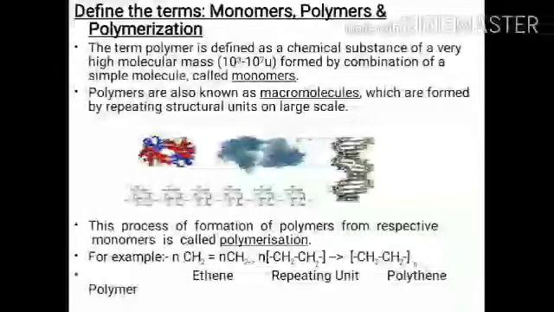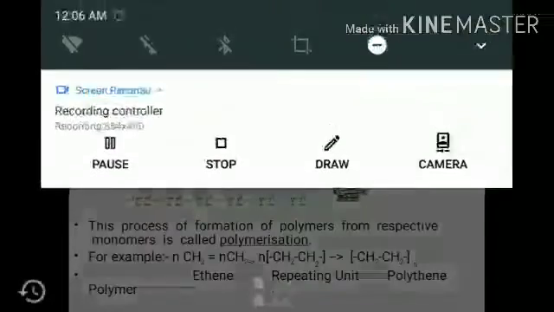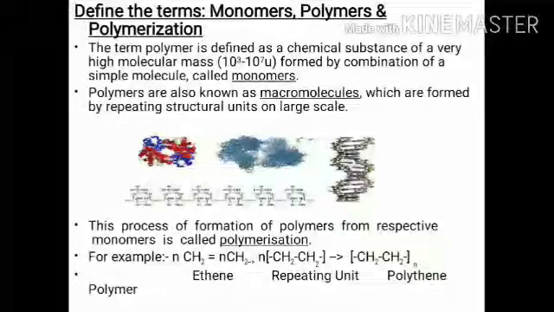A simple example is ethene. The formula of ethene is CH2=CH2. When many units of ethene combine, they form polythene. Polythene is a simple polymer formed by the polymerization of ethene molecules.